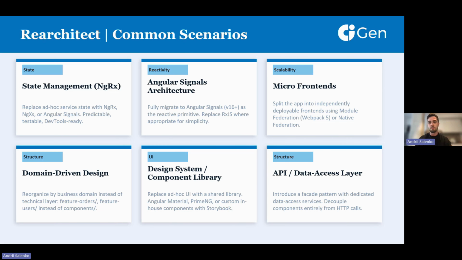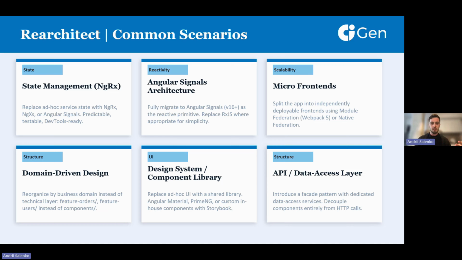It brings predictability to an application where state has become scattered across dozens of services, and the Redux pattern combined with DevTools makes state changes fully traceable and debuggable. So you can use any state management which is applicable to your application.